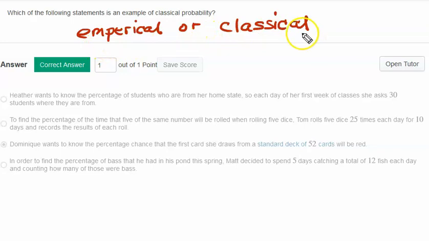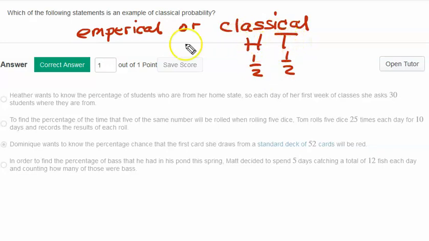Now in classical, here you're saying, well, you have a head and you have a tail, and the chances of them mathematically coming out is 1/2, 1 out of 2 for the head and 1 out of 2 for the tail. So you figured out mathematically what you would expect. That would be the classical.